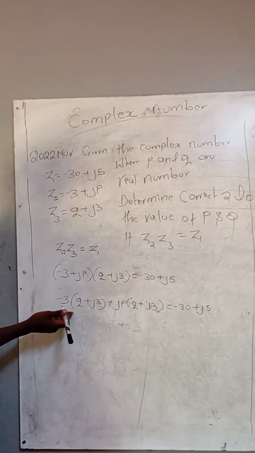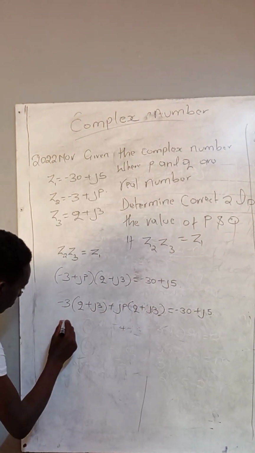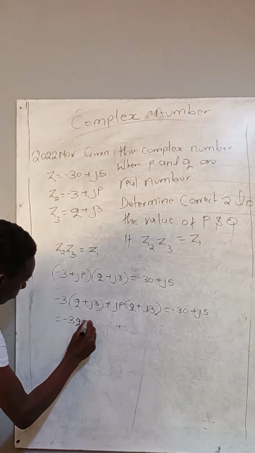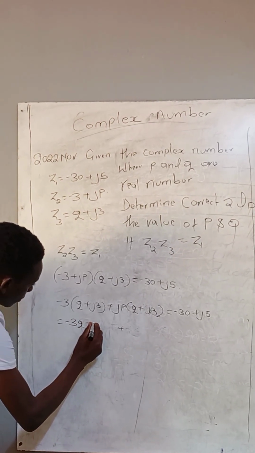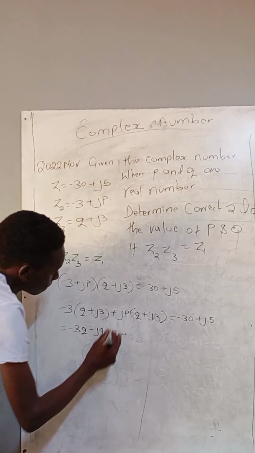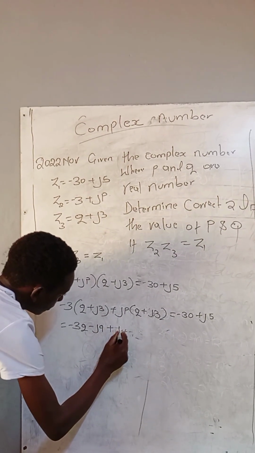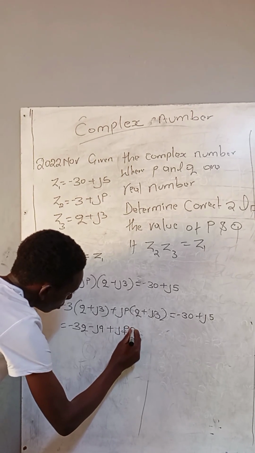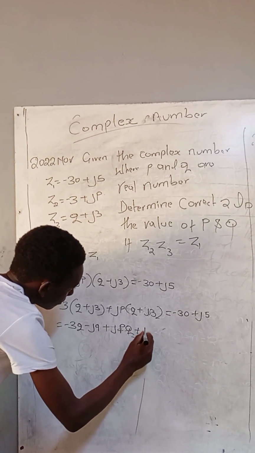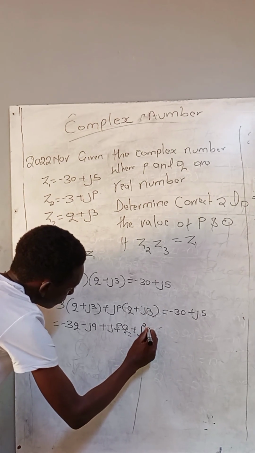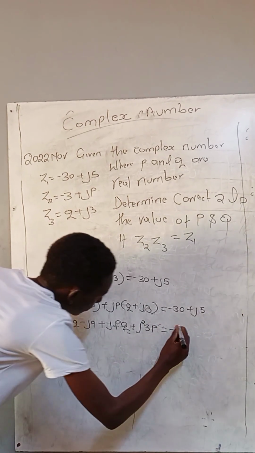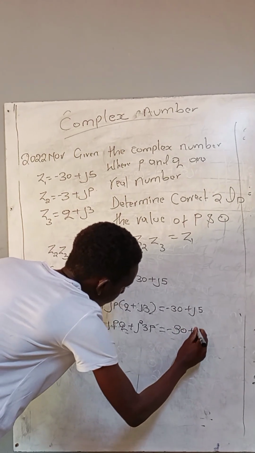If I open the brackets, I will have negative 3q minus j9 plus jpq, then plus j squared 3p is equal to negative 30 plus j5.